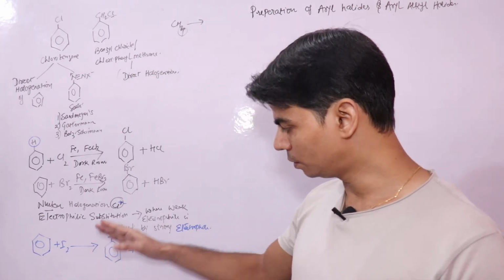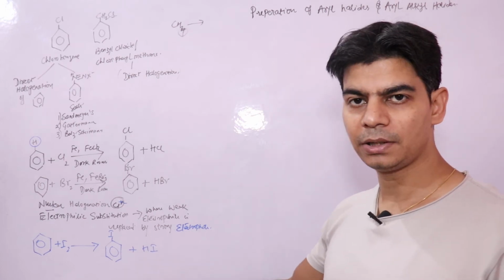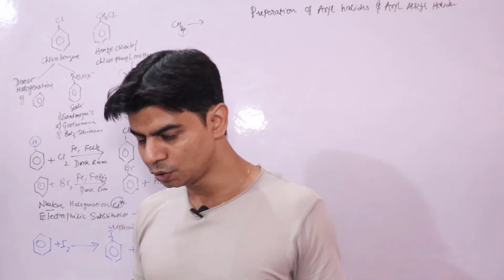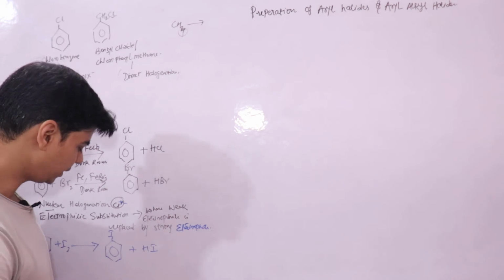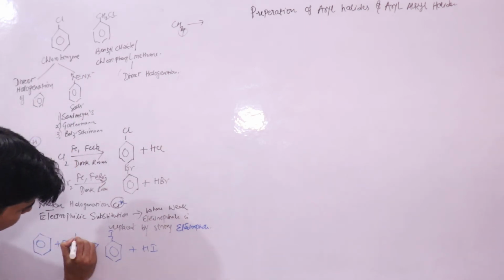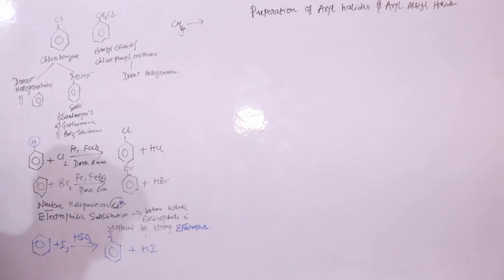So in order to prevent the reversibility of this reaction, we will use an oxidizing agent, iodic acid, HIO3. Iodic acid will react with hydrogen iodide to give iodine gas and water, right. This is important to understand in this reaction.